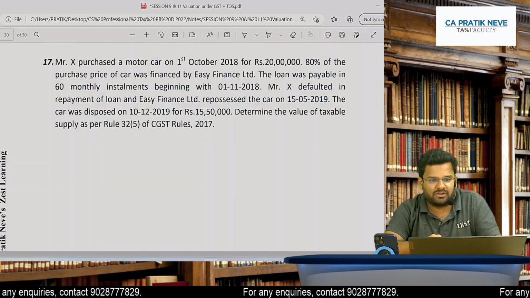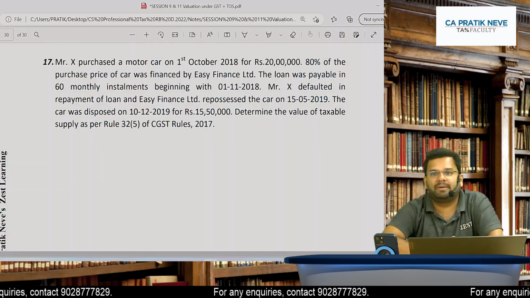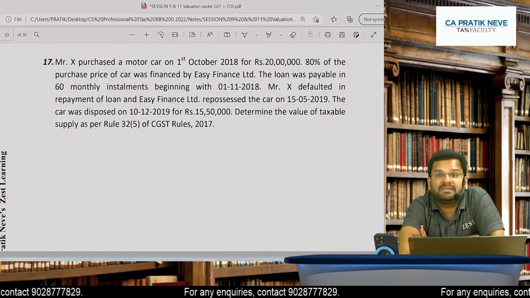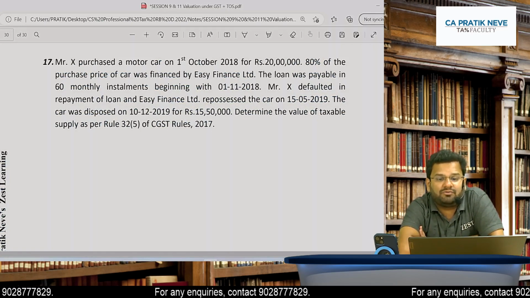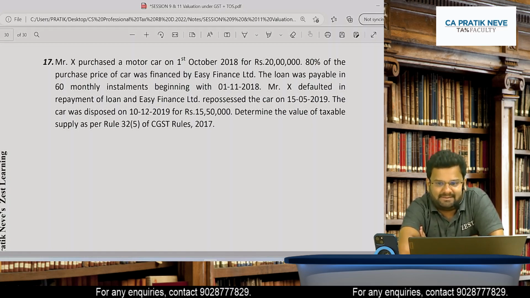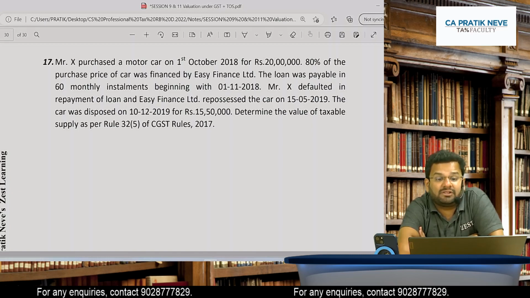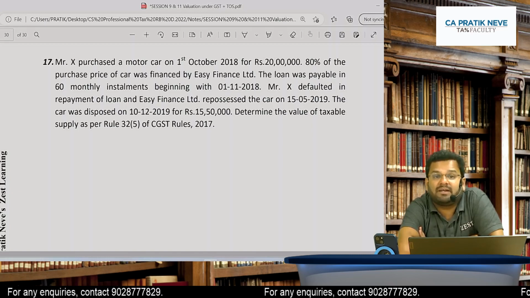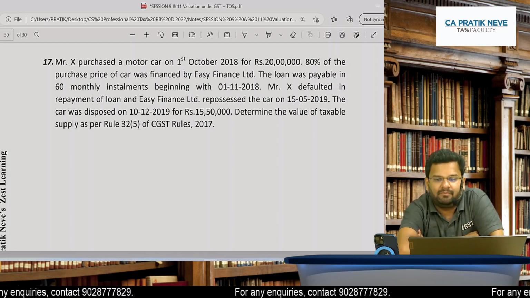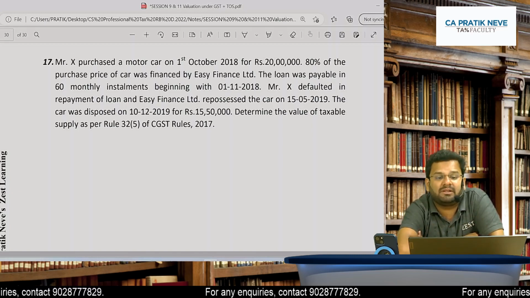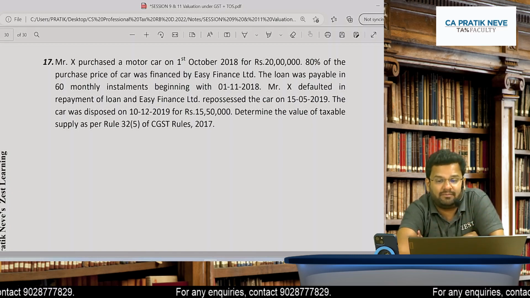C1 question. Pay attention properly. Mr. X purchased the motor car on 1st October 2018 for 20 lakhs. It is immaterial that 80% of the purchase price of car was financed by Easy Finance. Immaterial point. Loan was payable in 60 monthly installments. Immaterial point.